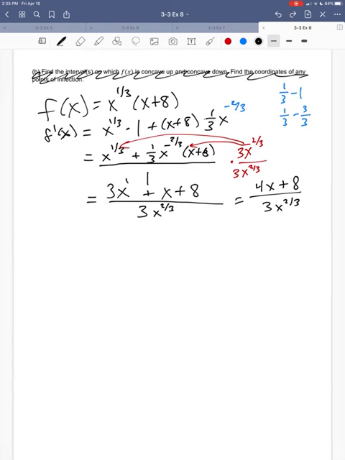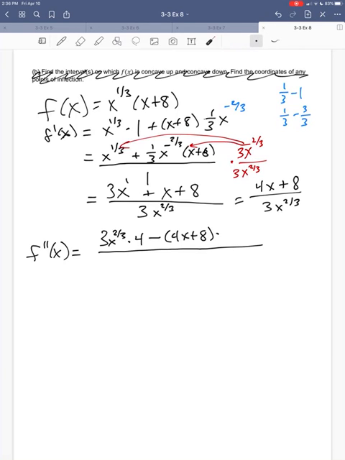Let me move down just a little bit more. So the quotient rule, I have to take the bottom times the derivative of the top. So the bottom, 3x to the 2/3, times the derivative of the top. The derivative of 4x plus 8 is just 4. Minus top times the derivative of the bottom.